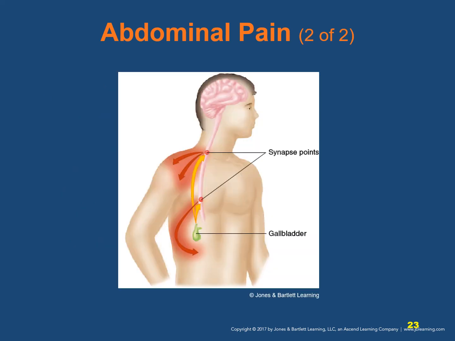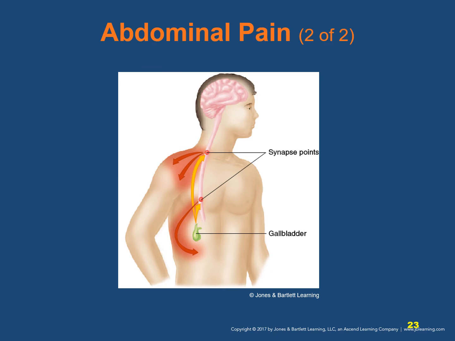This slide demonstrates how active cholecystitis can cause referred pain to the right shoulder. If you notice at the bottom of the cervical spine and the beginning of the thoracic spine, which is the bottom of the neck and the beginning of the shoulders, there's a synapse point.